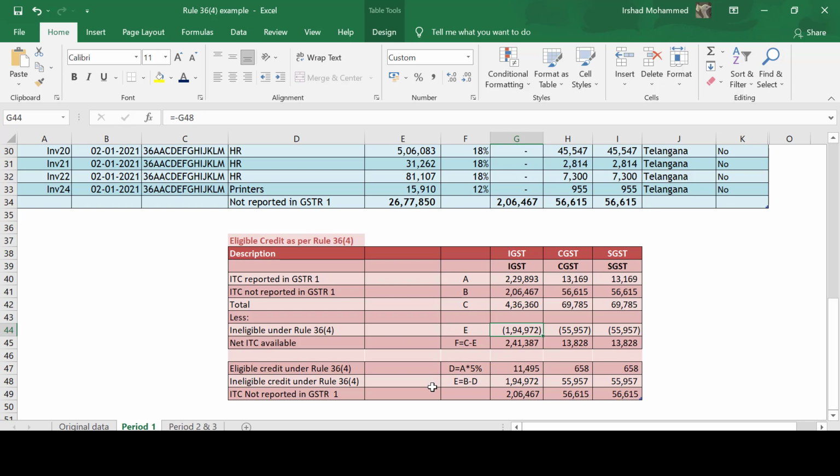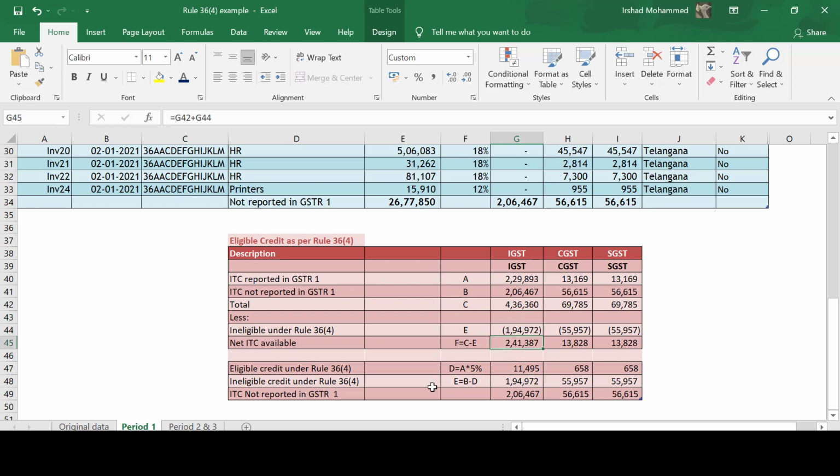We can arrive at eligible ITC available for period 1 in row number 45, which is essentially nothing but the total ITC reported in GSTR1, which is this figure, both reported and non-reported, and 5% eligible credit computed in row number 47.